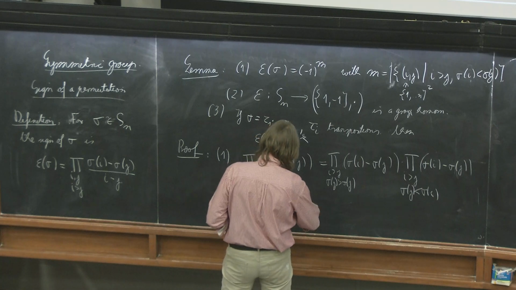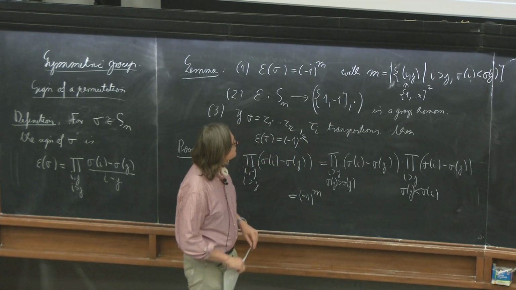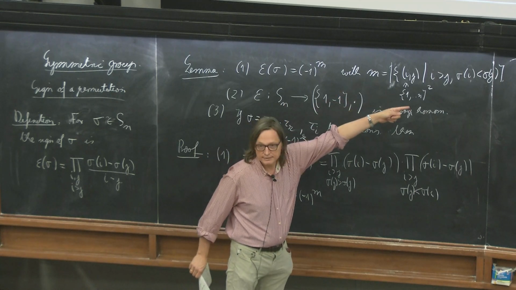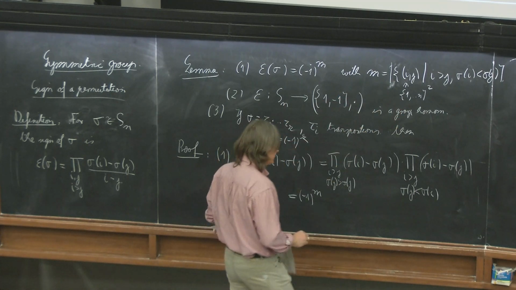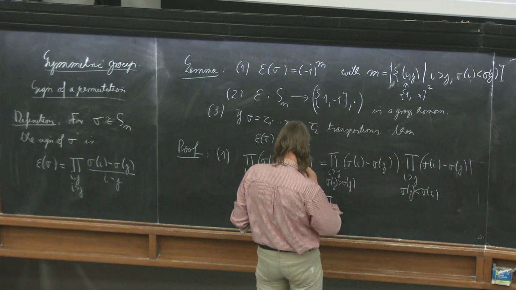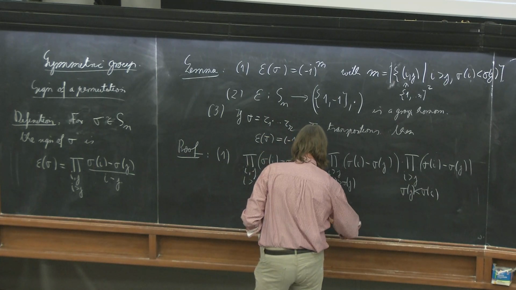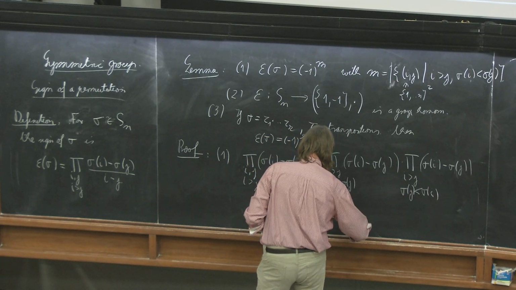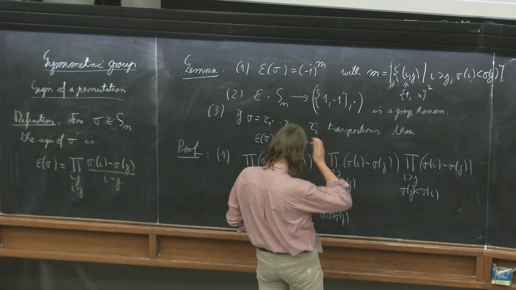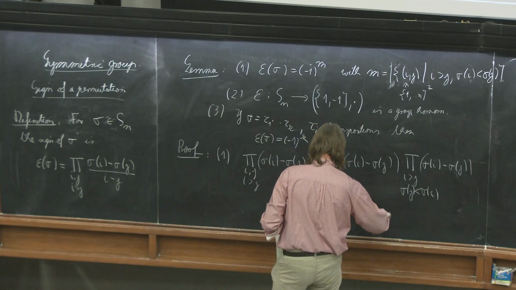So what we get is (-1)^m, where m is this number, as many times as this happens, times the product over all i and j such that sigma(i) is bigger than sigma(j) of sigma(i) minus sigma(j).